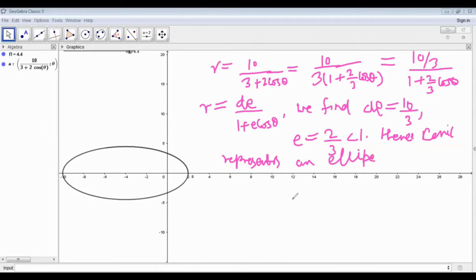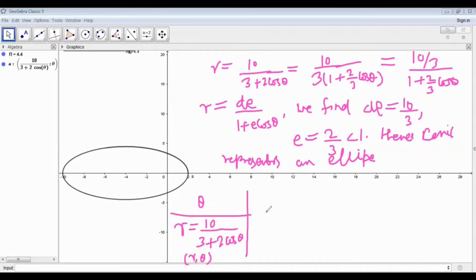To sketch this ellipse, we prepare a table of theta and r, where r equals 10 by 3 plus 2 cos theta. We have to find r for each theta.